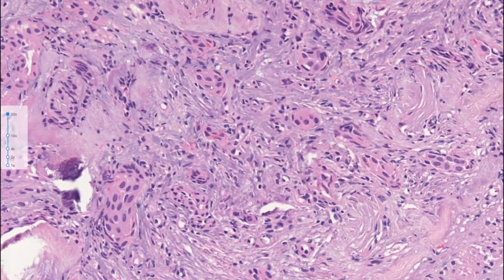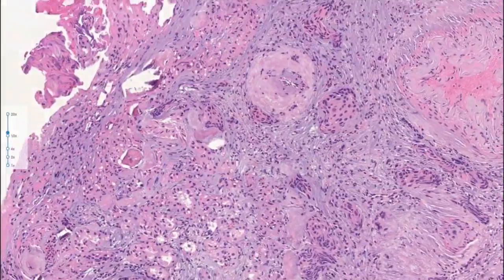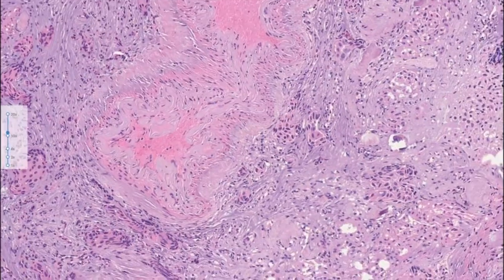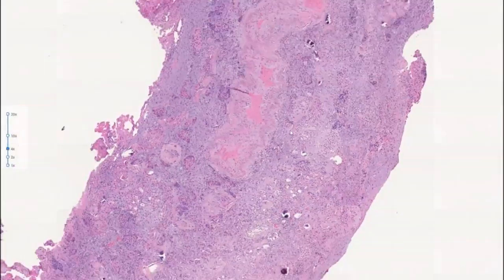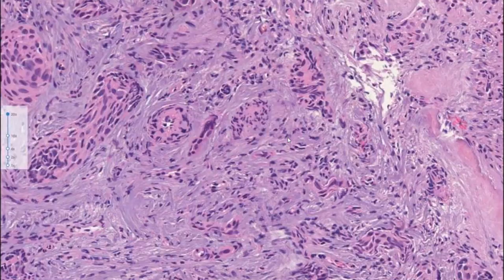But in addition to that, you have this necrosis. More of this necrosis.